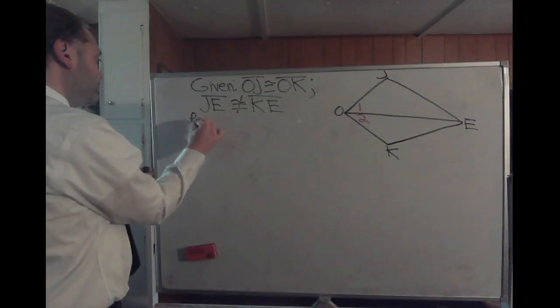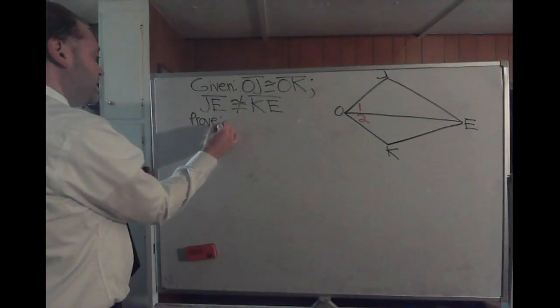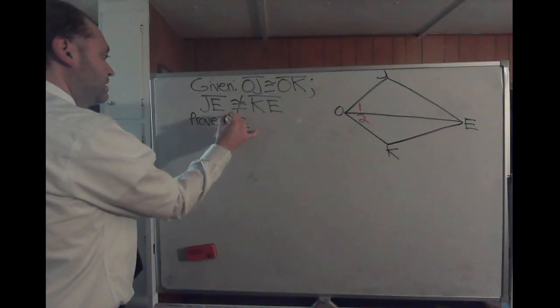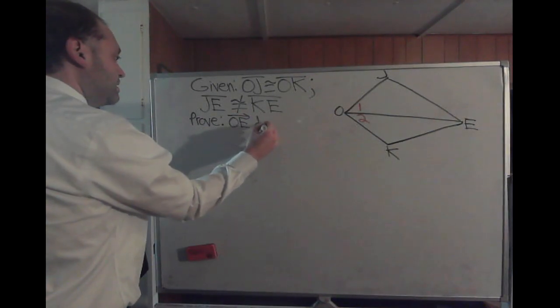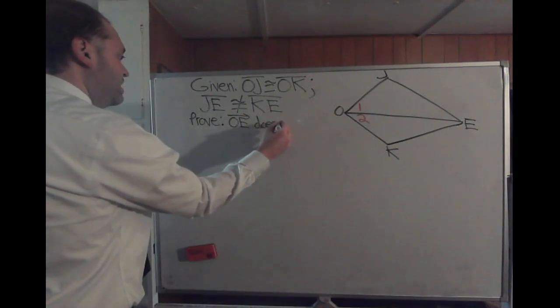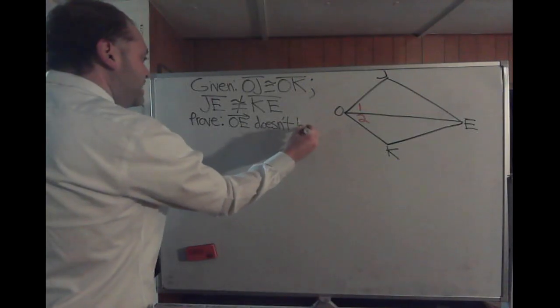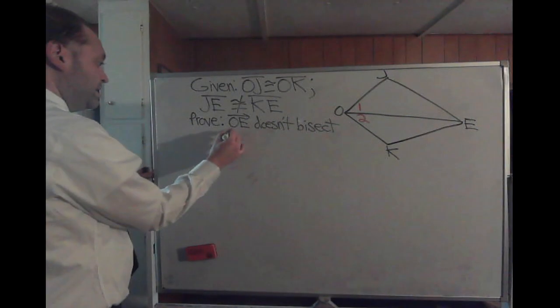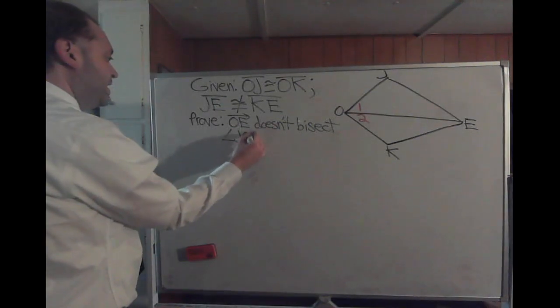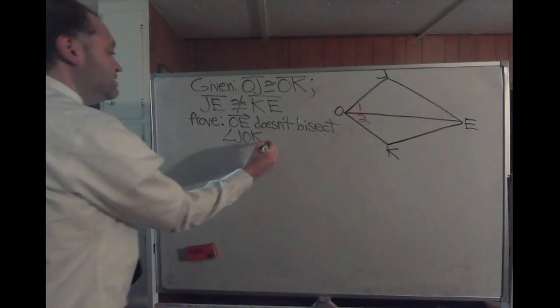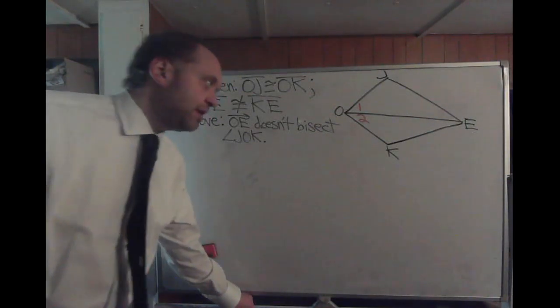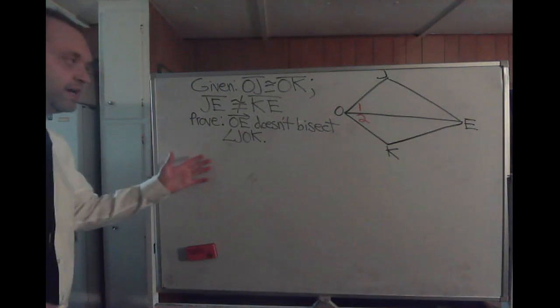We have to prove that ray OE doesn't bisect angle JOK. So another obscure geometry proof where it would pretty much be impossible to use a direct proof.